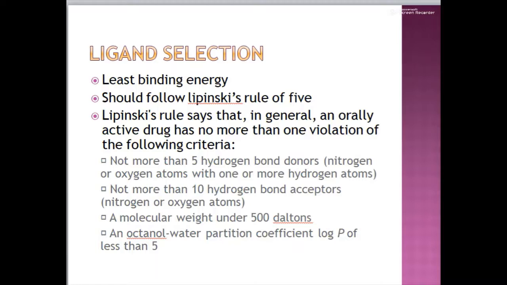The drug should have a molecular weight under 500 Daltons, and the octanol-water partition coefficient should be less than 5. If these rules are obeyed, then we say that it follows Lipinski's rule of 5.